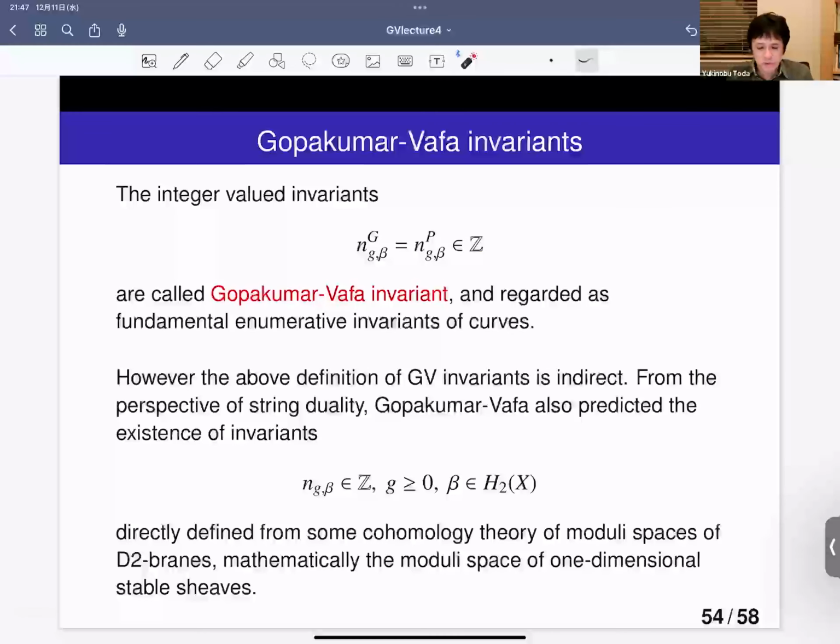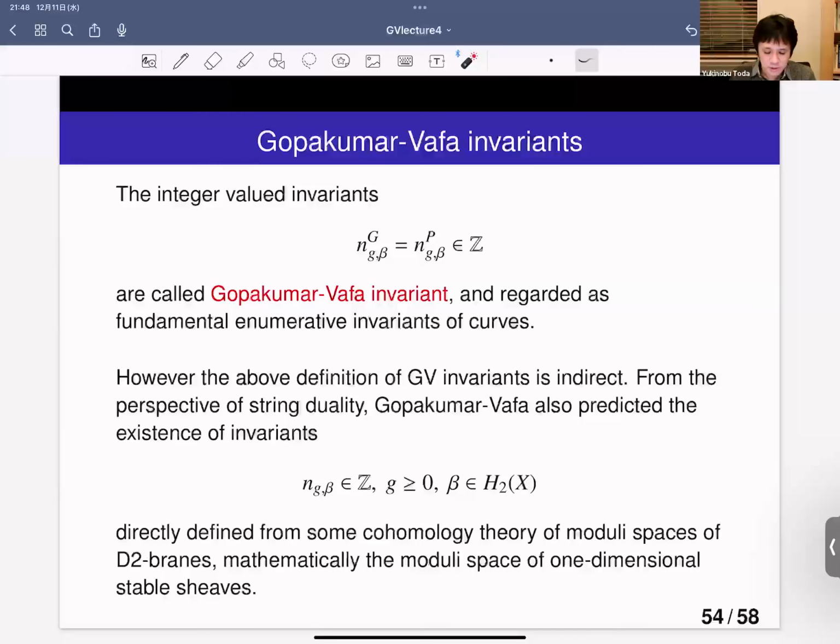But anyway, we know that we have these invariants. Usually people call this the Gopakumar-Vafa invariant and regard it as a fundamental enumerative invariant of curves. However, the original proposal by Gopakumar-Vafa is that they want to define these invariants directly through the moduli space of so-called D2 branes. This is now the moduli space of one-dimensional stable sheaves, not like PT pairs or so on.